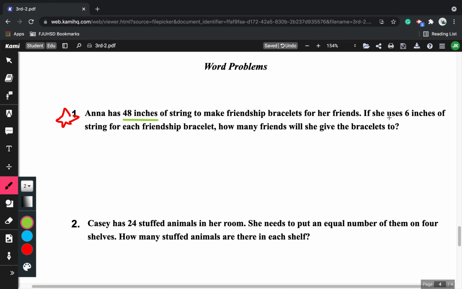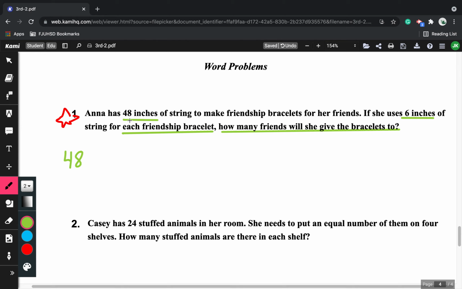If she uses 6 inches of string for each friendship bracelet, how many friends will she give the bracelet to? So let's write down that we know that she has 48 inches of string, and she uses 6 inches of string for each friendship bracelet.